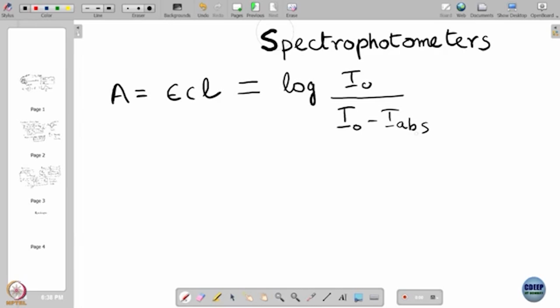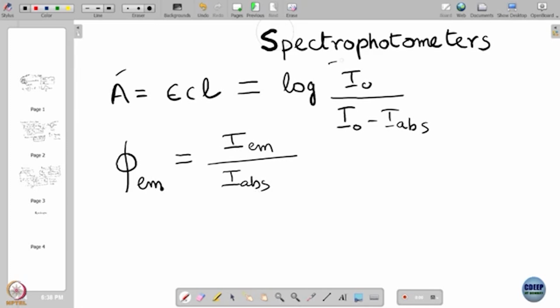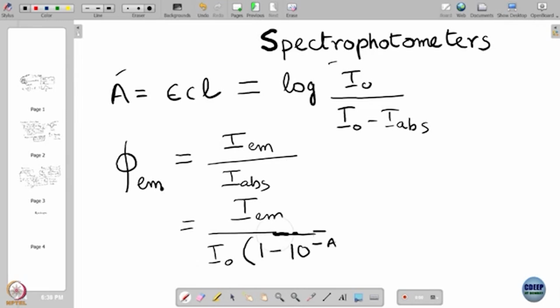We have also studied that for emission spectroscopy, we define something called phi EM, emission quantum yield, which is given by IEM divided by IABS, and a little bit of mathematical manipulation for this expression gave us IEM divided by I0 into 1 minus 10 to the power minus absorbance.